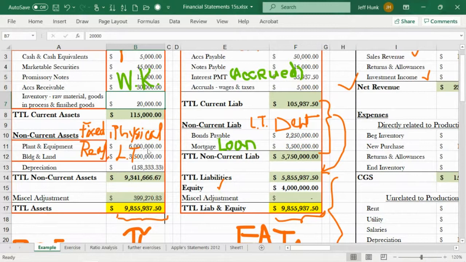But at the beginning, at time zero, the total dollar value of the fixed assets, plant and equipment, building and land, was 9.5 million. So out of $10 million raised through equity and debt, almost 95% of it is held in the form of physical assets, right? The other 5% is held in working capital, right?